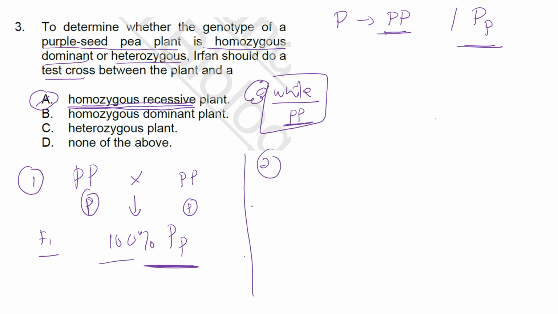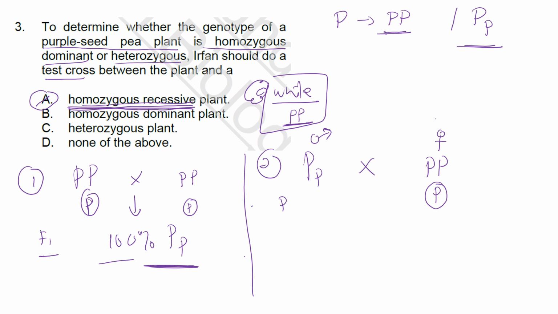If the individual is heterozygous, so when you cross the unknown individual that you think is heterozygous with the homozygous recessive plant, the plant that has white flowers, you draw the gametes. This is the gamete with the recessive allele, and for this individual, for example, this is the male plant, this is the female plant.